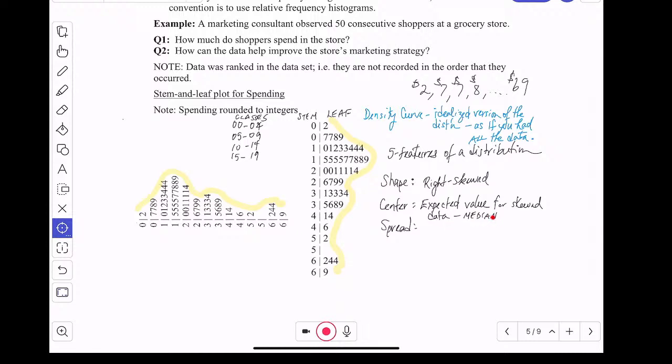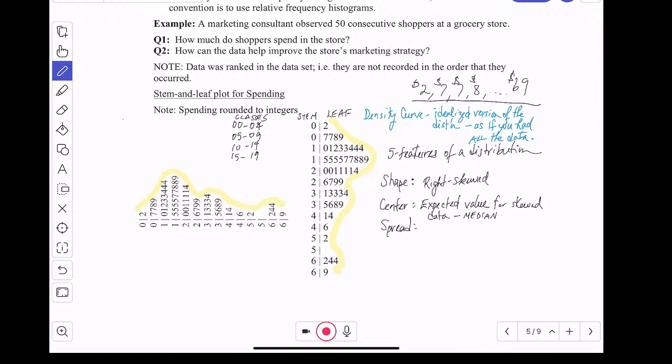It's just one value. If you calculate the median here, it's just one value. What about how the values are spread out? Because there's a whole distribution of numbers here in a range from 2 to 69, right?